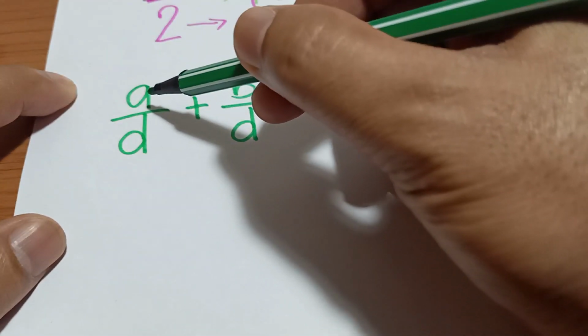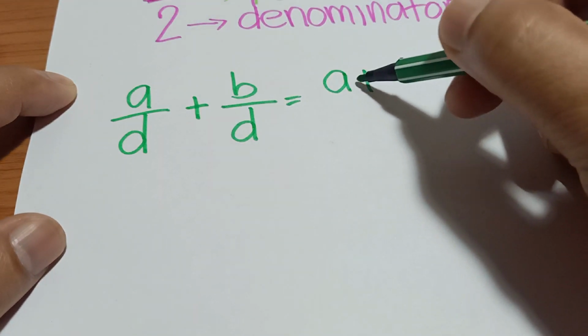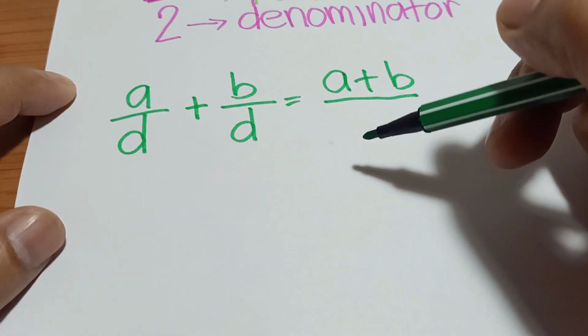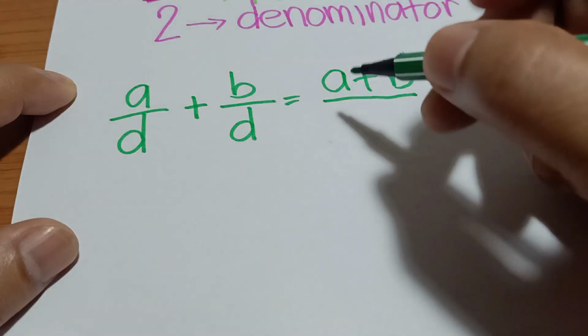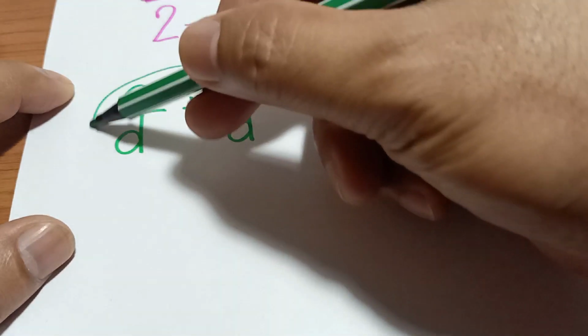The numerators are a and b here, so a plus b over, and then copy the common denominator, which is d. So that is the answer in this statement.